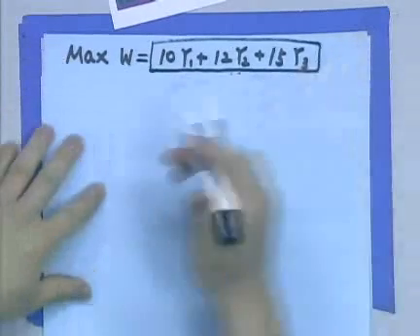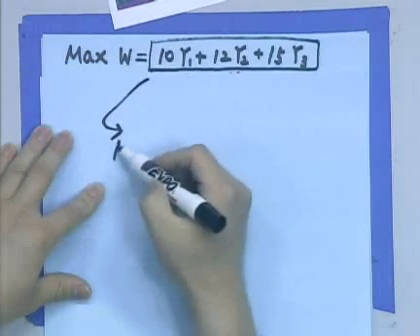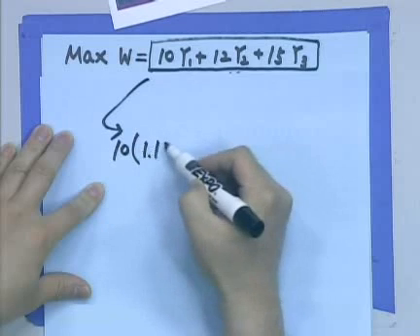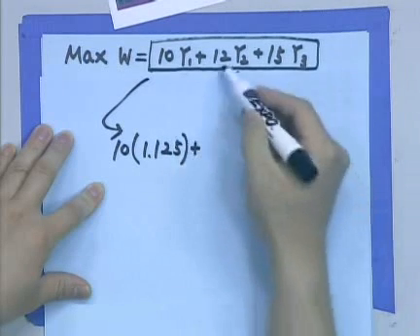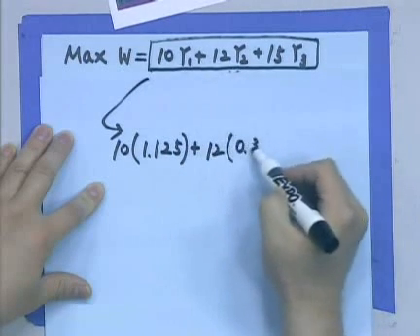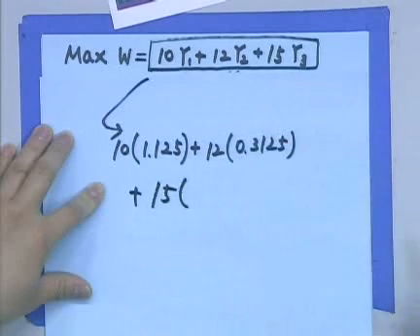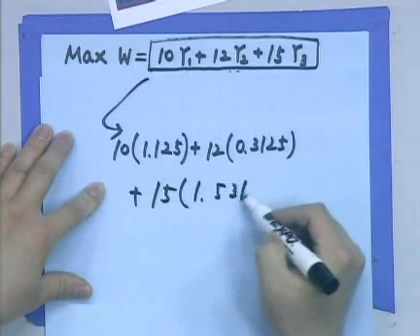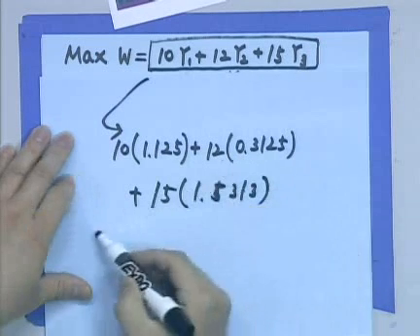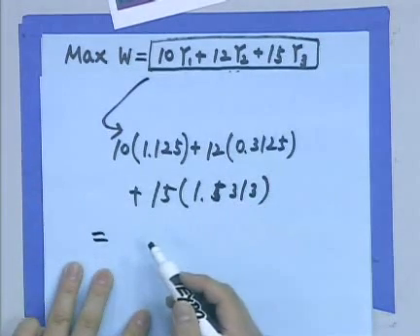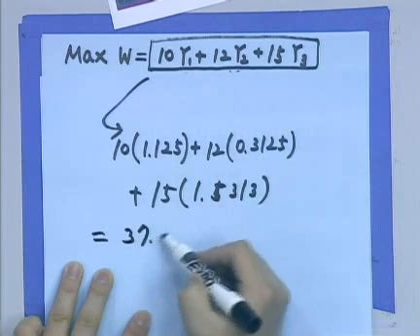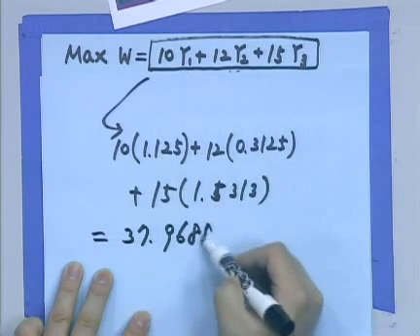So the dual objective function value is 10 times 1.125 plus 12 times 0.3125 plus 15 times 1.5313, which must be equal to 37.9688. Okay?